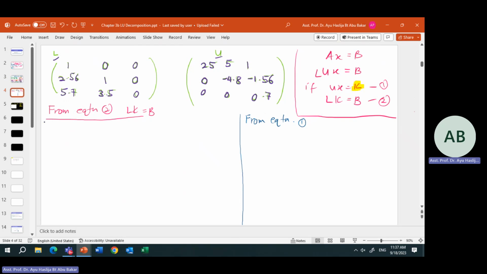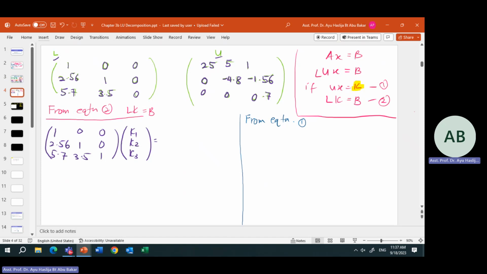Okay, now from equation 2, LK equals B. The L matrix over here, multiply by the K matrix, K1, K2, K3. This is your unknown.